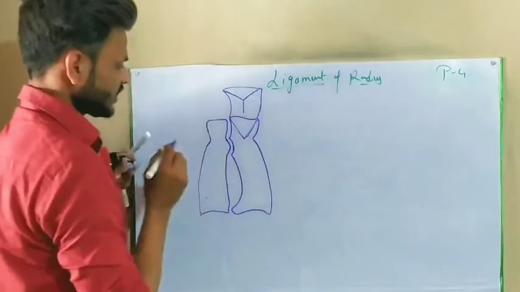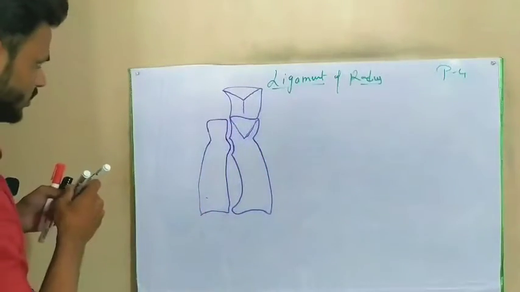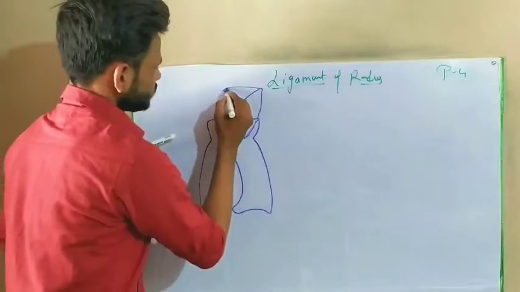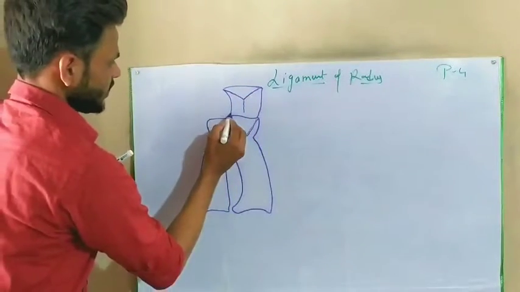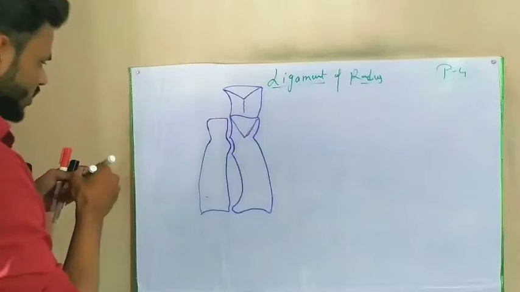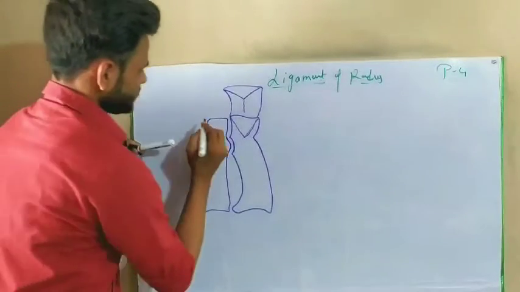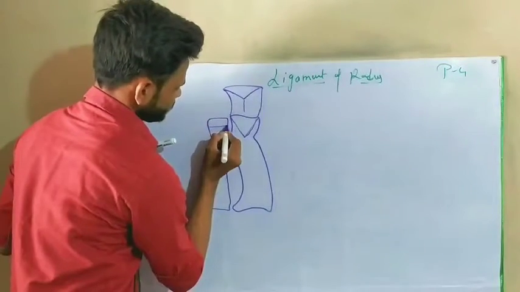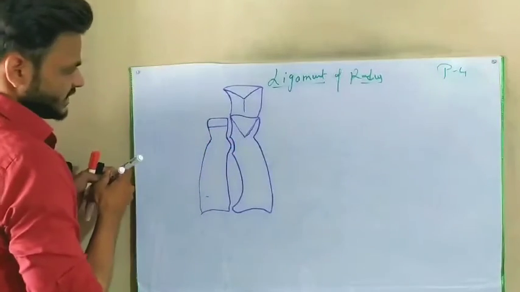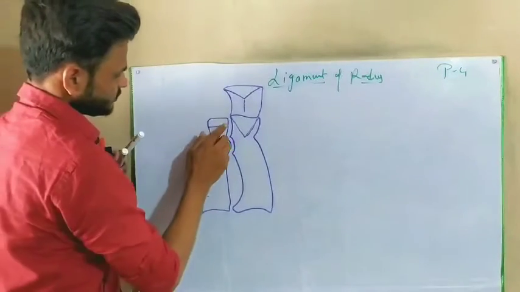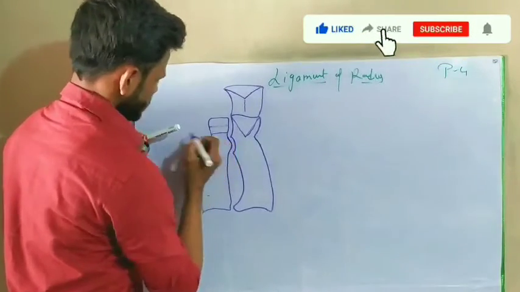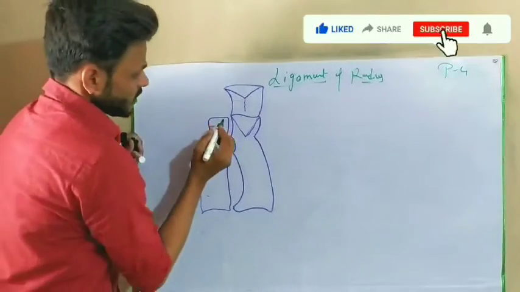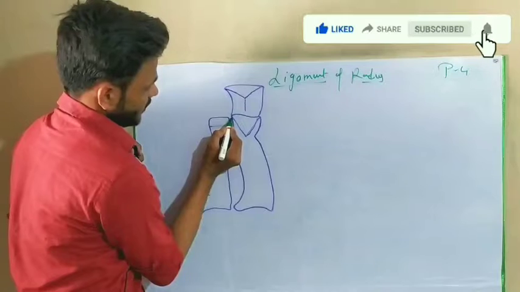This is the ulna. Our first ligament is attached from the radial notch of the ulna.